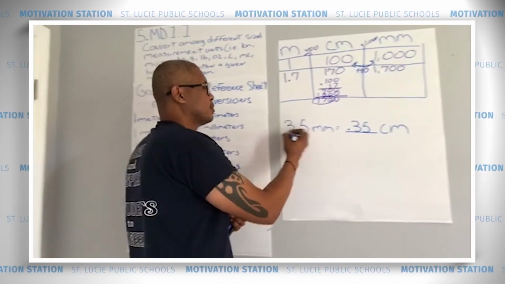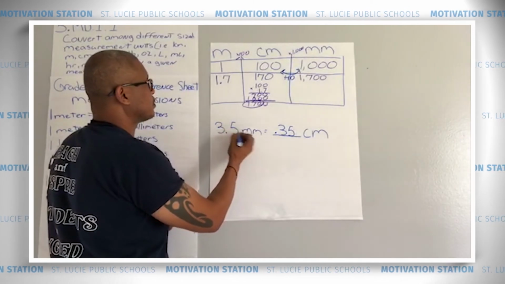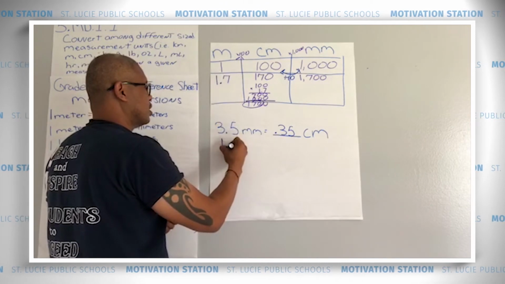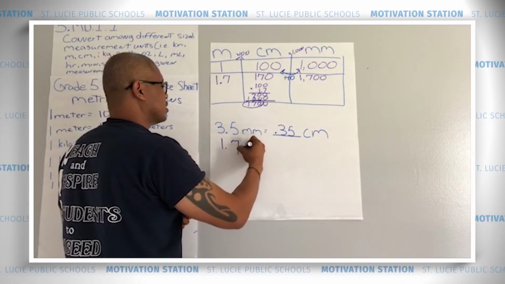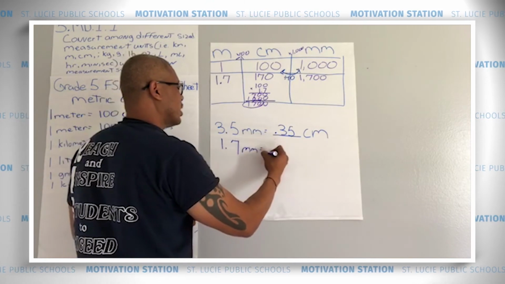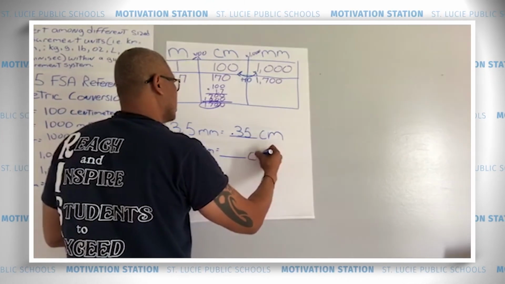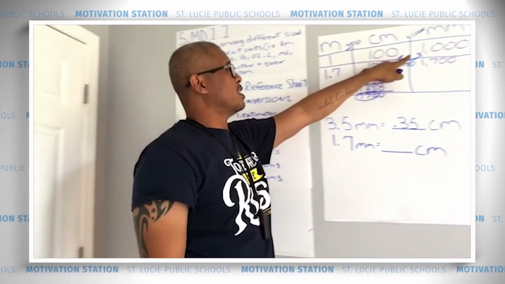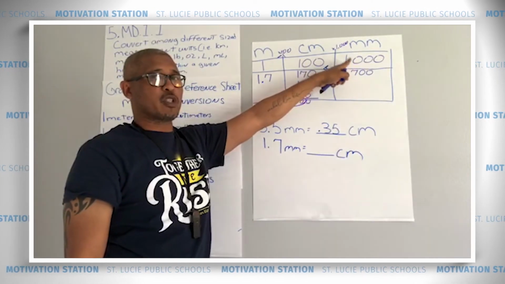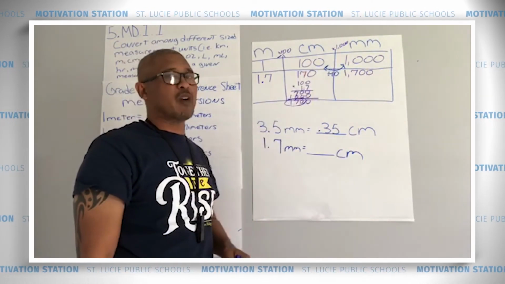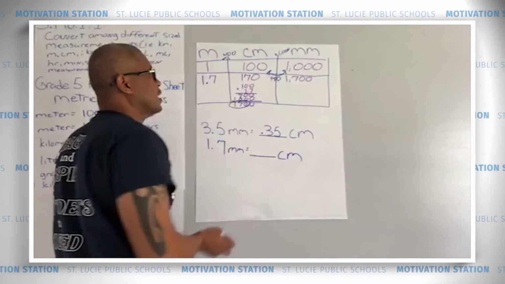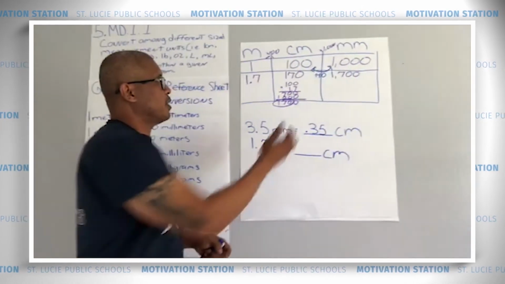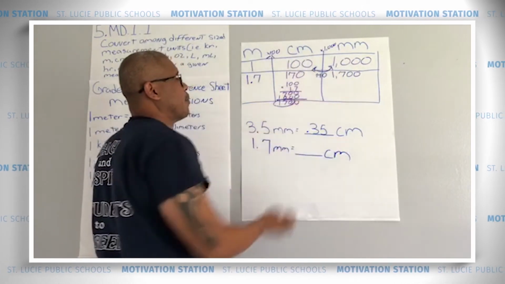I can write another one. Using the same example, 1 7/10 of a millimeter is equal to how many centimeters? Again, I don't have that conversion, but what I do know is that going from a smaller unit of measurement to a larger unit of measurement, I need to divide. And if I'm going to divide, I need to know what I am dividing by.